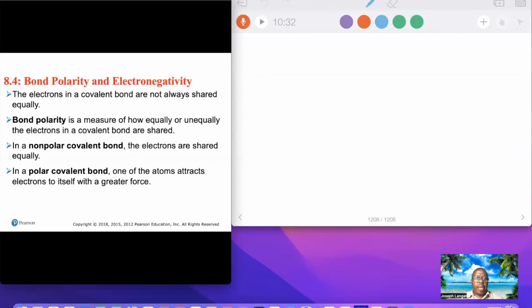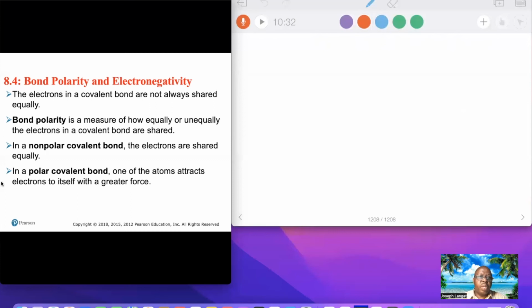8.4, when a chemical bond is formed, it does not mean that the shared electrons are always shared equally between the two atoms involved in the chemical bond. At times, there may be unequal sharing, or there may be equal sharing. Complete transfer, of course, is for ionic.